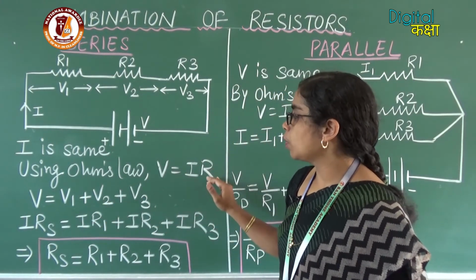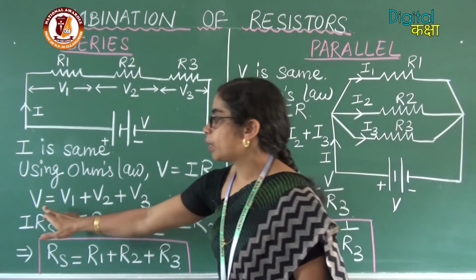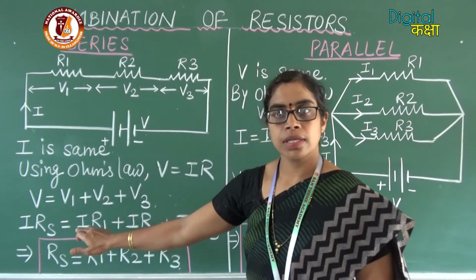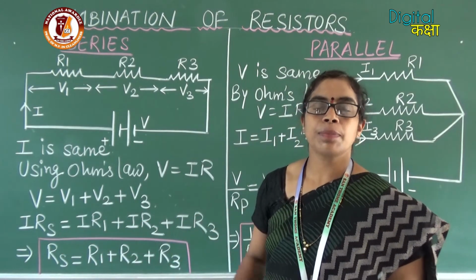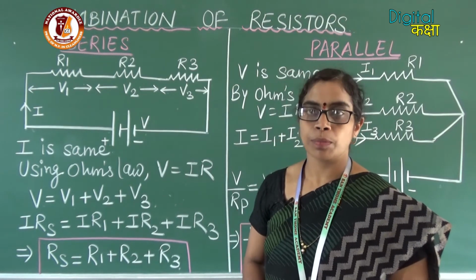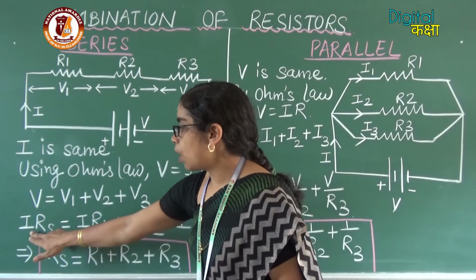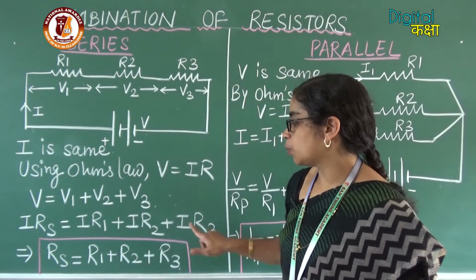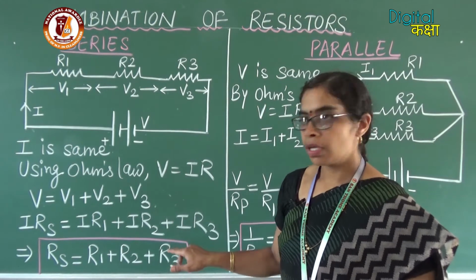When I apply the Ohm's law formula here, in place of V it will be written as I into Rs, where Rs represents the equivalent resistance for the series combination. So I Rs is equal to I R1 plus I R2 plus I R3.